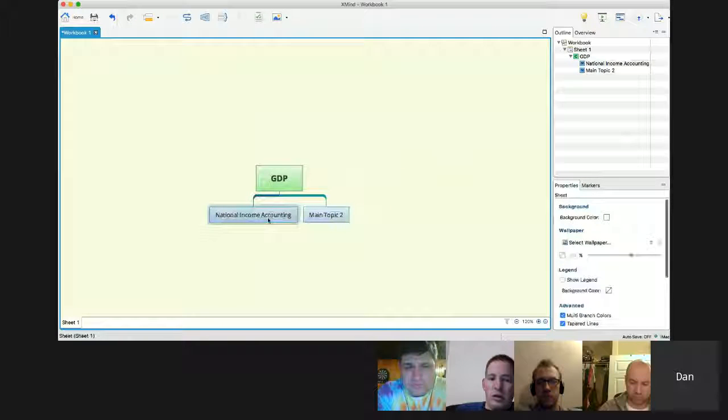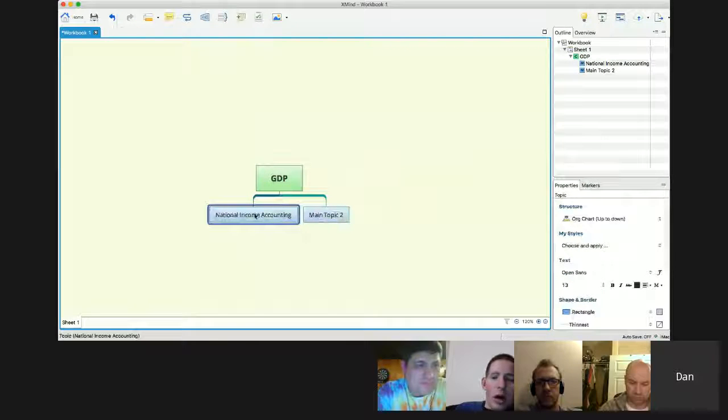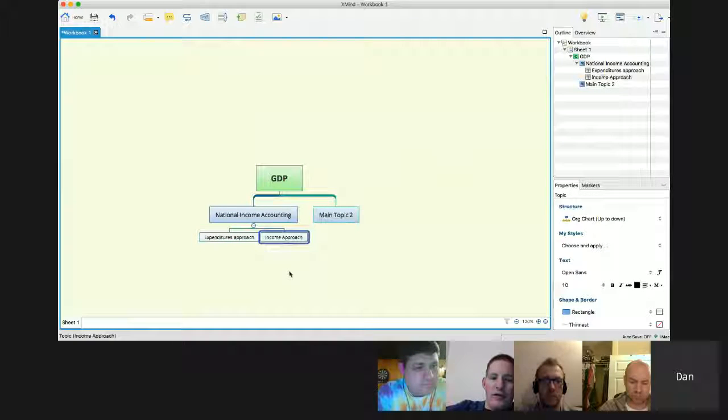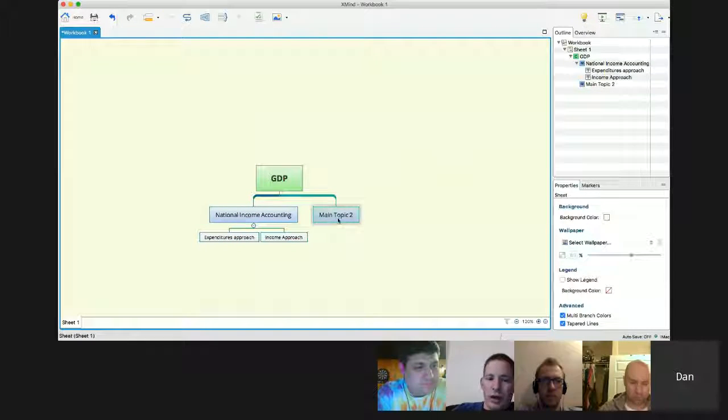So which ones are coming off of national income accounting? Have the expenditures approach and the income approach both be off of that one. And then we can have everything else branch off of GDP into its own area. Okay.